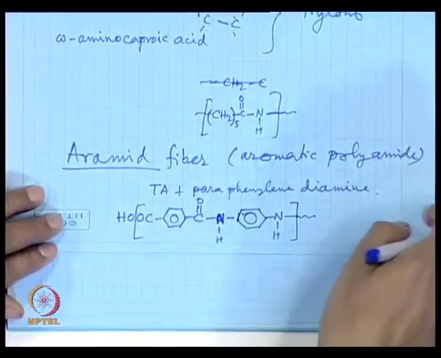Okay. And polyimides, these are polyamides. Polyimides are further stronger polymers, heat resistant polymers, thermostable polymers.